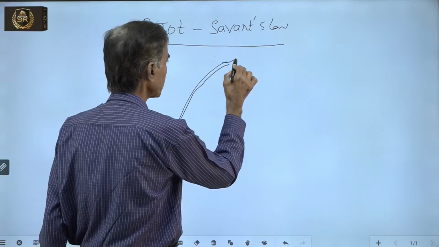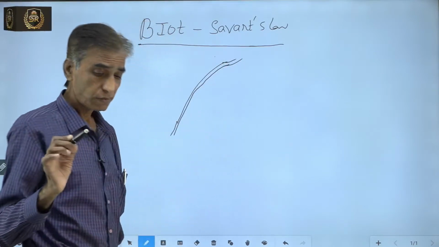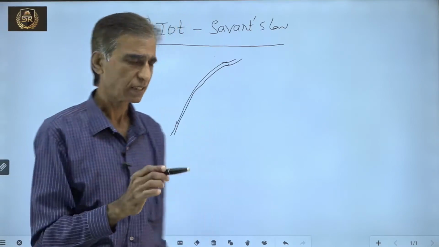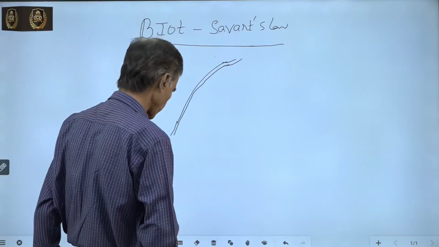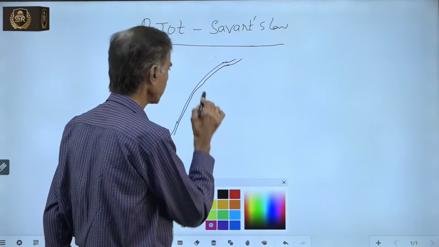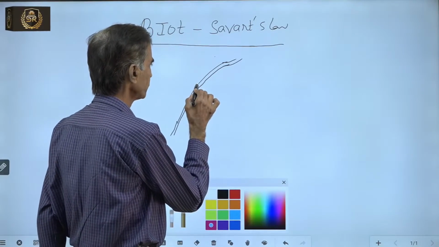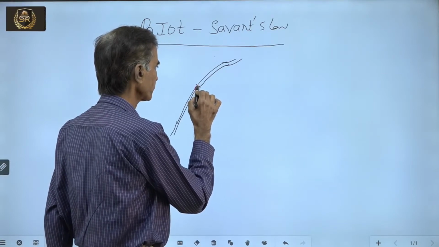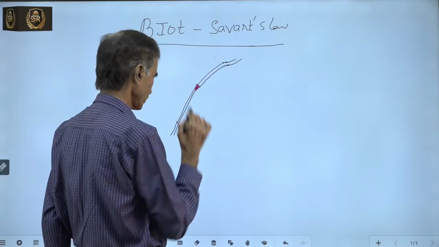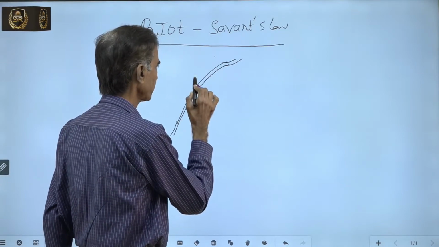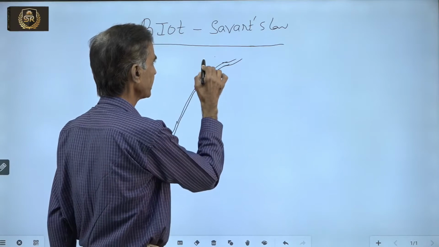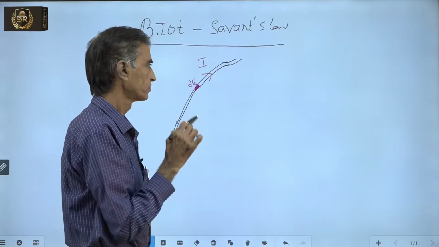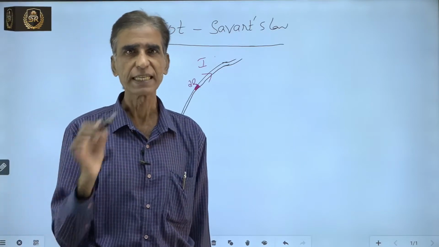To find the magnetic field due to this conductor, we select one small current element. Here the current flowing is I, and the length of this element is dl.